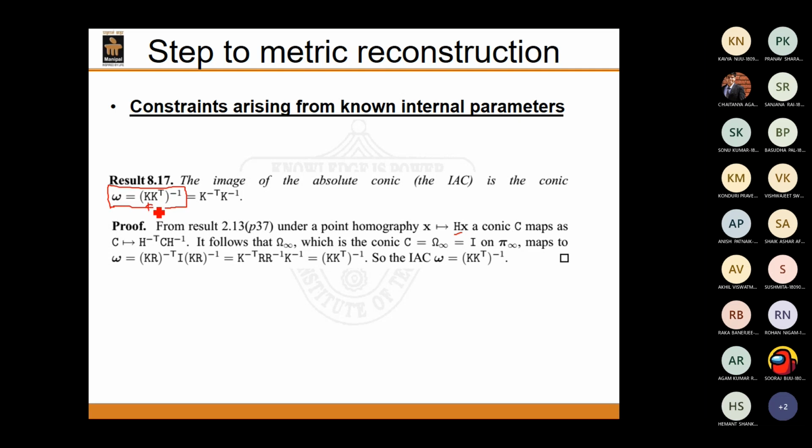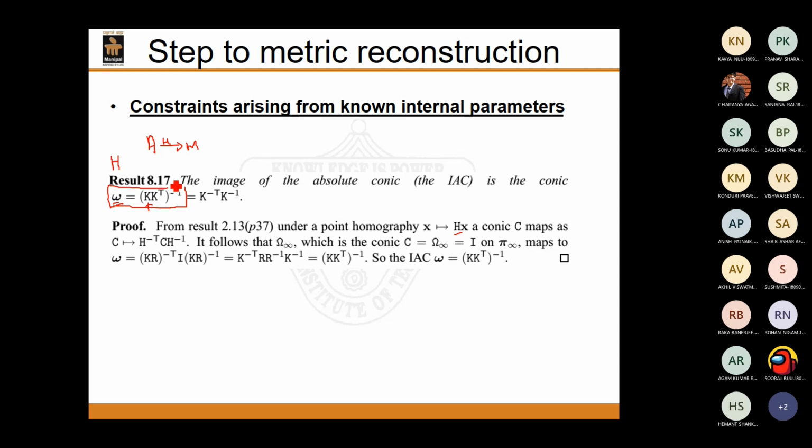So if the internal parameters of the camera are known, I can just use this equation to find out omega, right? And once I know omega, I can use that to find out the transformation matrix H. And once I know H, I can use this to transform from the affine space to the metric space. Okay, so this is how we do the stratified approach.